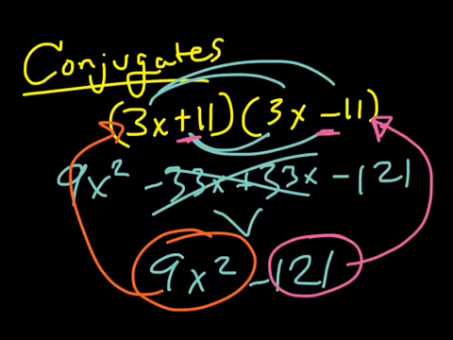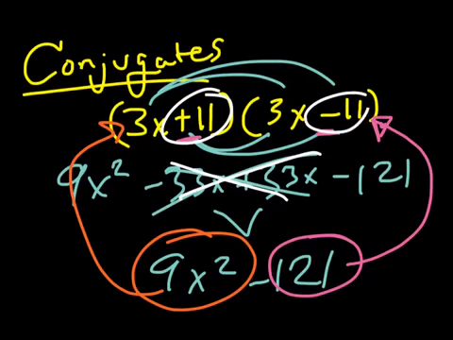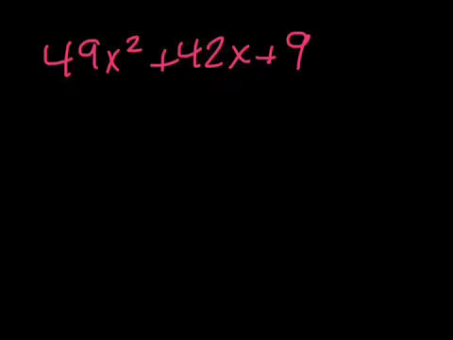Now, the most important part of this, and what sets this apart from the perfect squares and the way that we can recognize this, is that it has no b term. Here, this middle term canceled out. And the reason it canceled out is because one of these is positive and one of these is negative, and since our absolute values are the same, something plus its opposite is 0, so that middle term cancels out. So that's what we're looking for when we're dealing with conjugates.